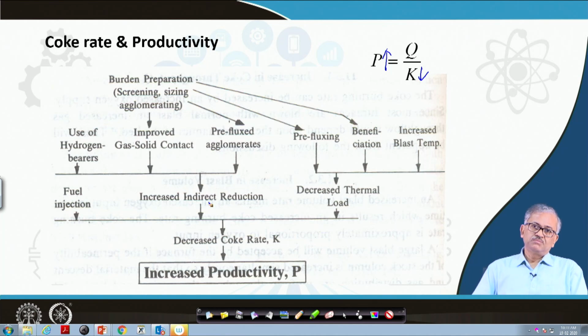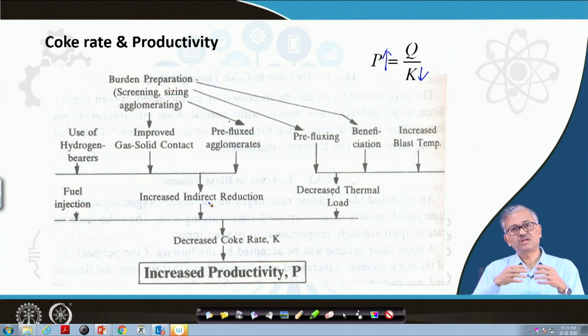So you are not able to utilize it within the furnace. So what you have to do, basically, if you want to increase the CO utilization, you have to increase the indirect reduction in the blast furnace. You have to convert the CO to CO2. When the CO takes one more mole of oxygen, it becomes CO2, it becomes saturated with oxygen. That is the maximum extent to which carbon can take oxygen.